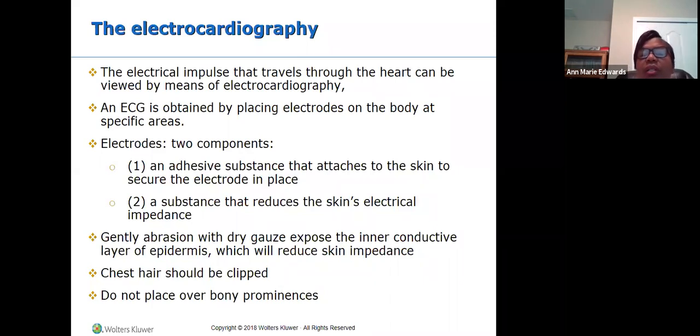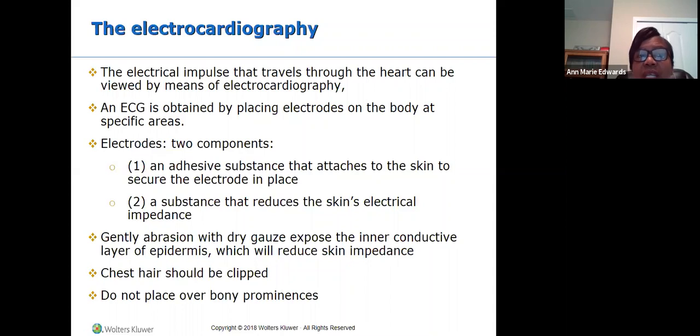The electrical impulse that travels through the heart can be viewed by means of an ECG, and you may see it referred to as EKG also, which means the same thing. An ECG is obtained by placing electrodes on the body in specific areas, and the electrodes have two components: an adhesive substance that attaches to the skin to secure the electrode in place, and a substance that reduces the skin's electrical impedance.